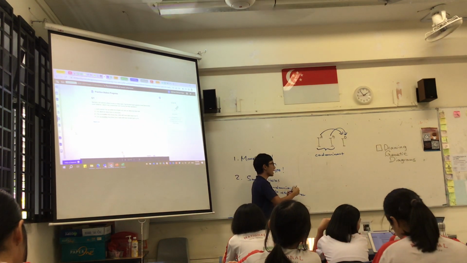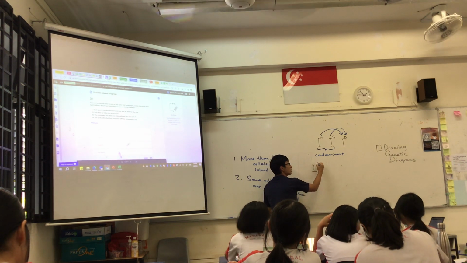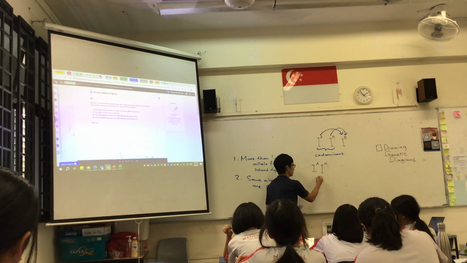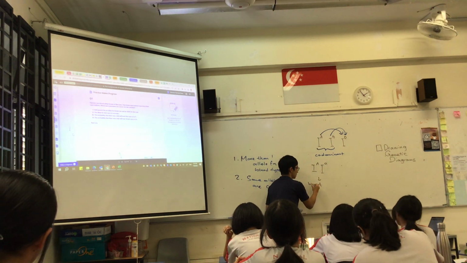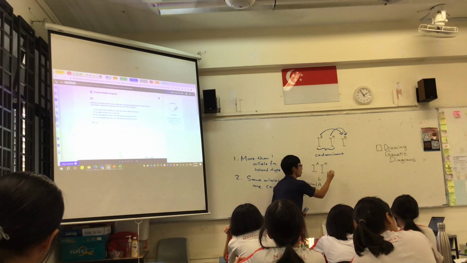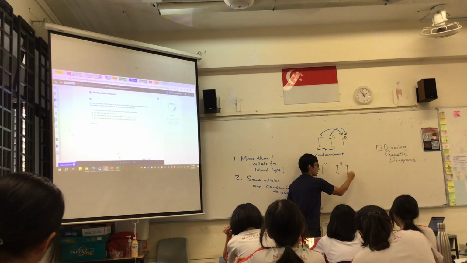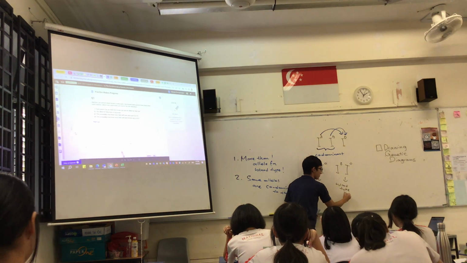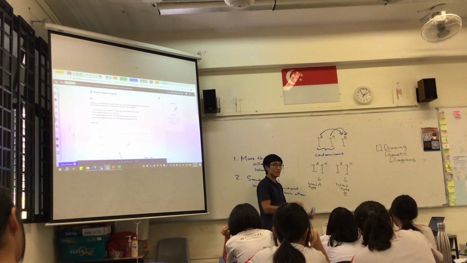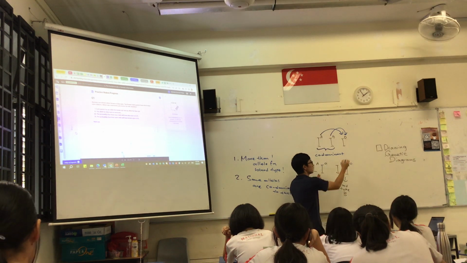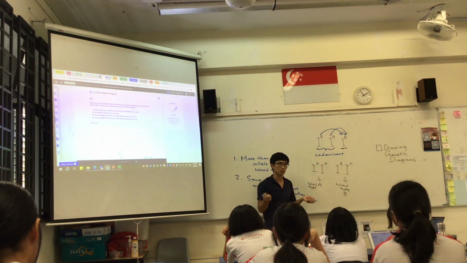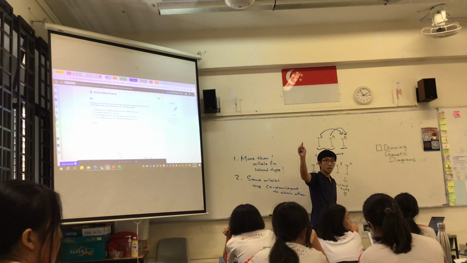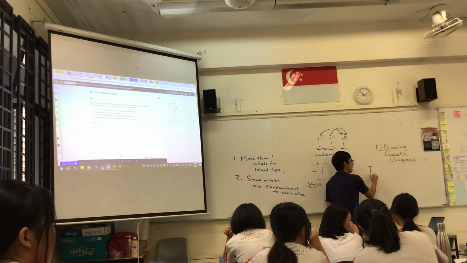If you have the genotype IA IO, you will have blood type A. If you have IB IO, then you can also expect to see blood type B. That means in the hierarchy, blood type O is the recessive one. Who's blood type O over here? Blood type O. That means you have the genotype IO IO.